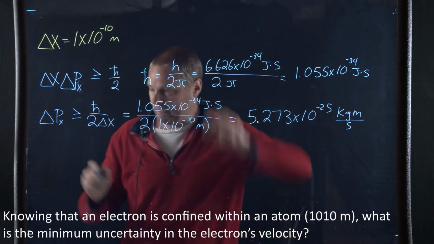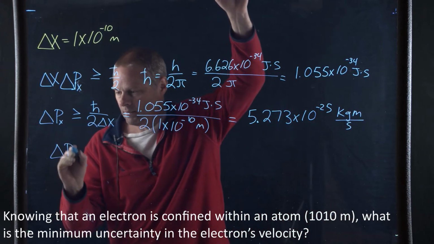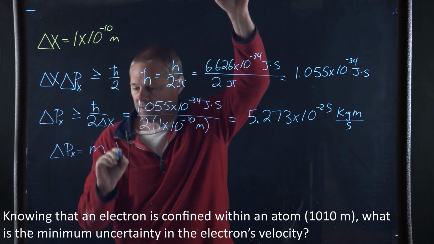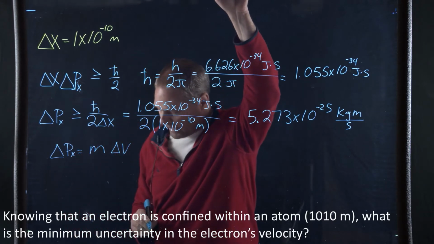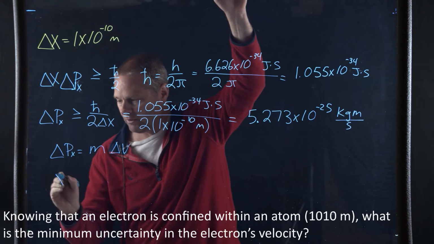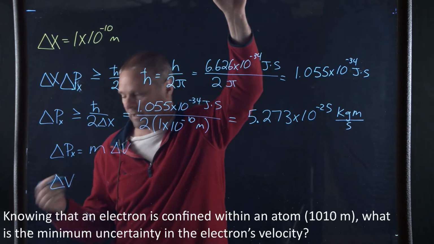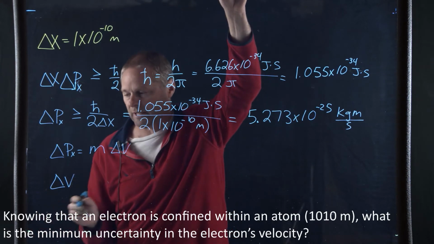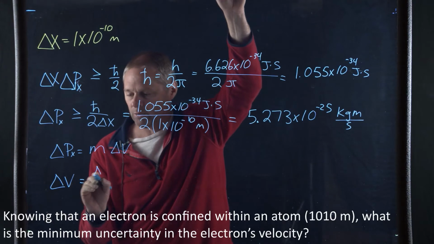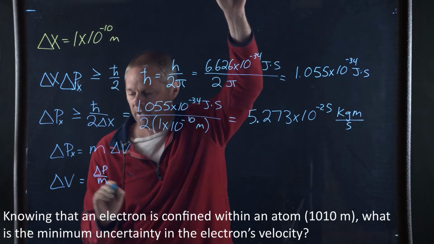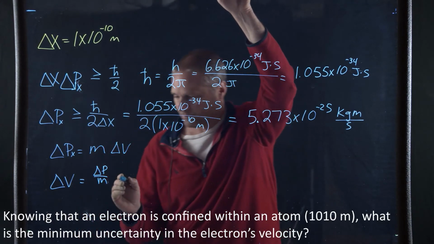Now realizing that momentum is equal to mass times the change in velocity, we can solve this for the change in velocity, because that's ultimately what we're looking for. The uncertainty in the velocity is equal to the change in momentum divided by the mass.